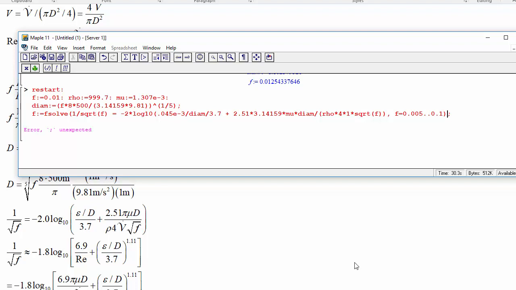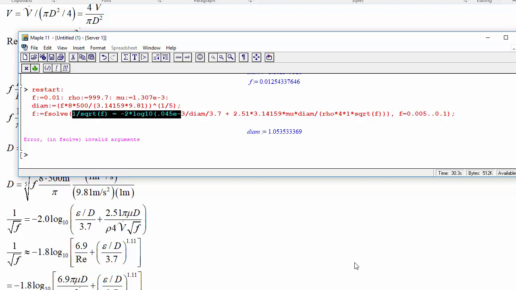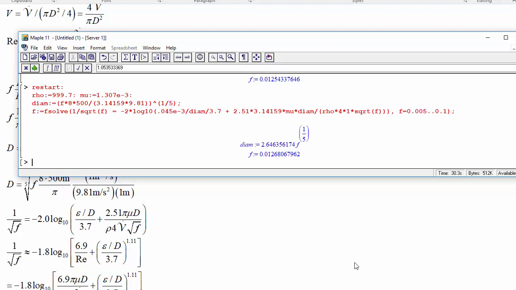Maybe this huge range. See if that's good. Okay, let's check brackets here. We took this divided by that, and then we need to close out the logarithm here. Invalid arguments in fsolve. So we gave it a thing. Oh, right. In fsolve, we now wouldn't assign a parameter.